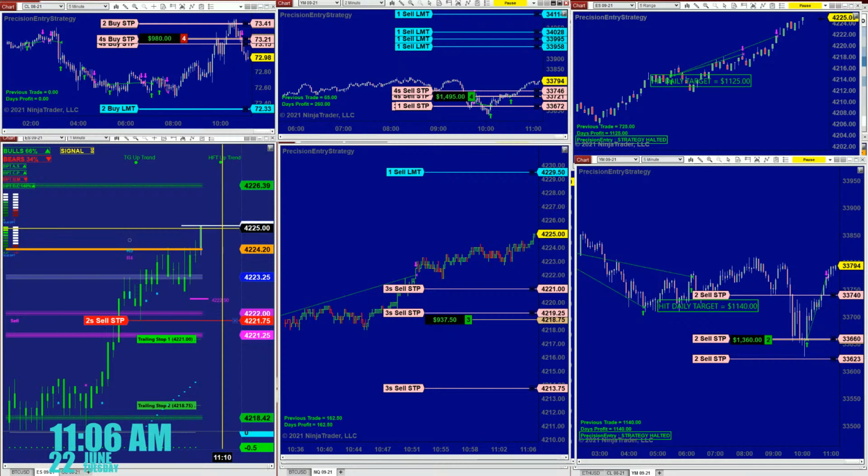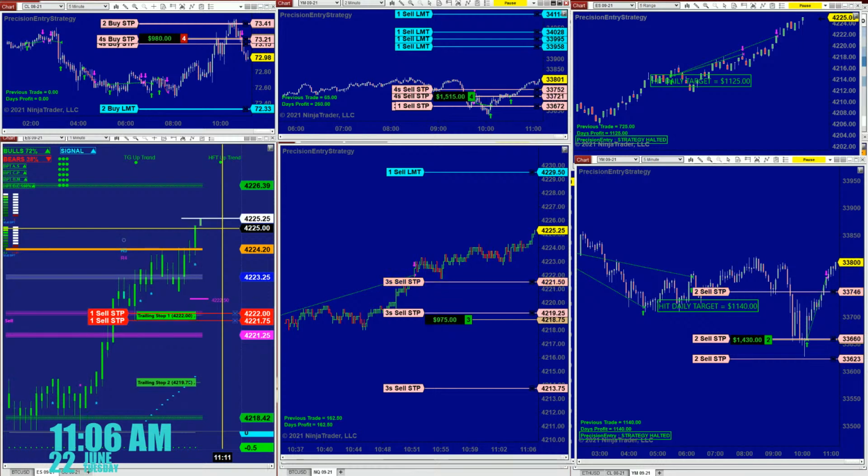This applies to any given market, whether it's NASDAQ, but I do the ES because most traders use the ES. I can cover any given market. It's the same story.